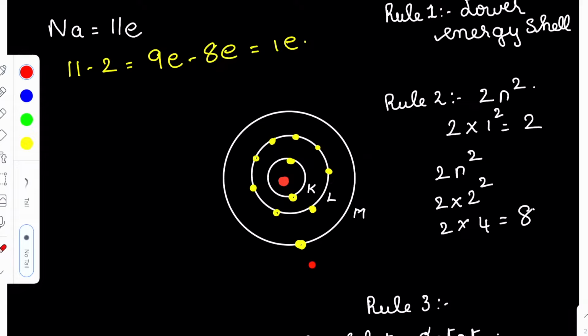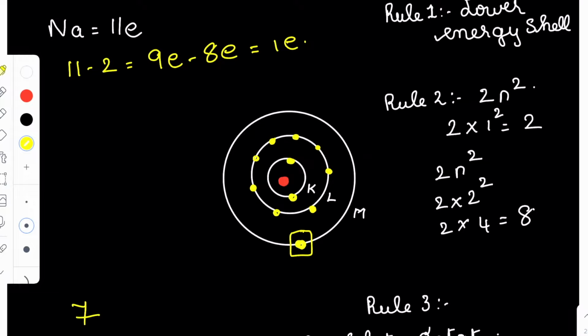Remember, when it has only 1 electron in the outermost energy shell, it needs to wait for some element which could give it 7 electrons to complete its octet. That's going to take a long time. All right. So, in this case, sodium would give away its electron to complete its octet.